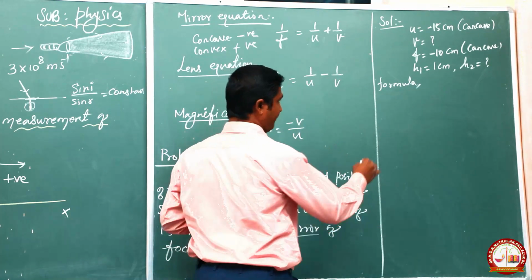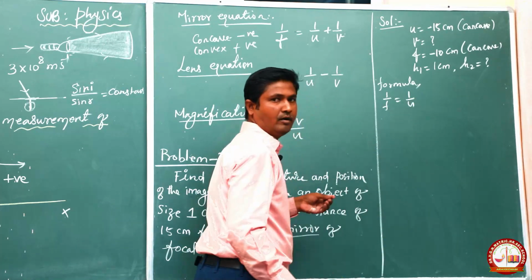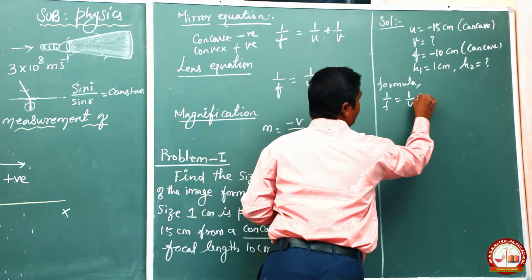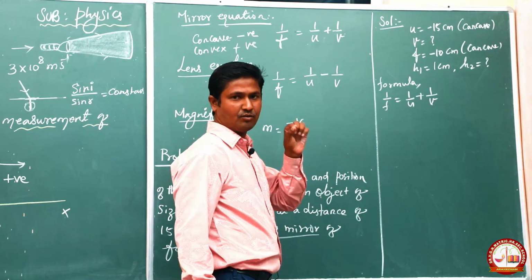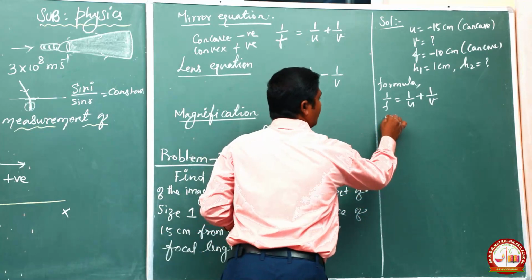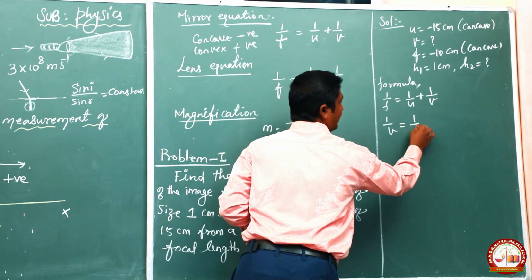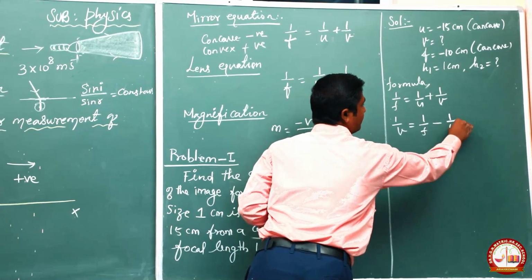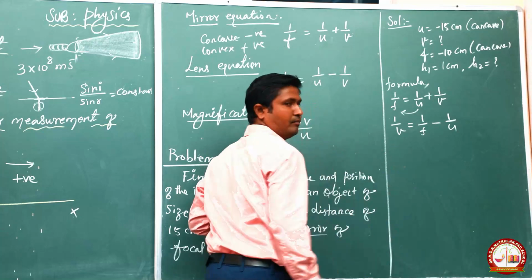1 by f equals 1 by u plus 1 by v. We need only v, so 1 by v equals 1 by f minus 1 by u. The plus symbol goes to the minus.